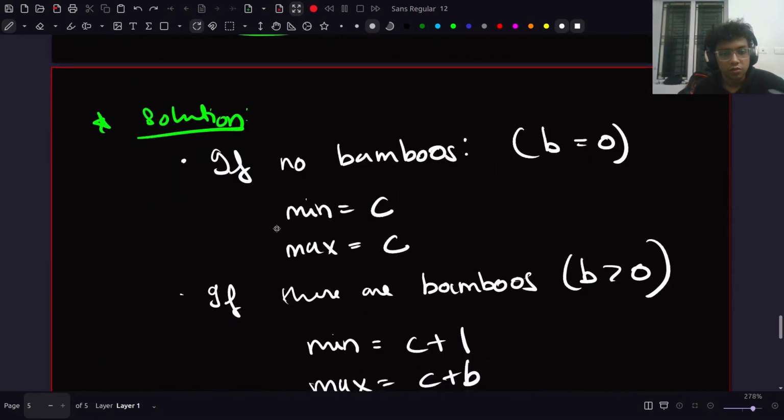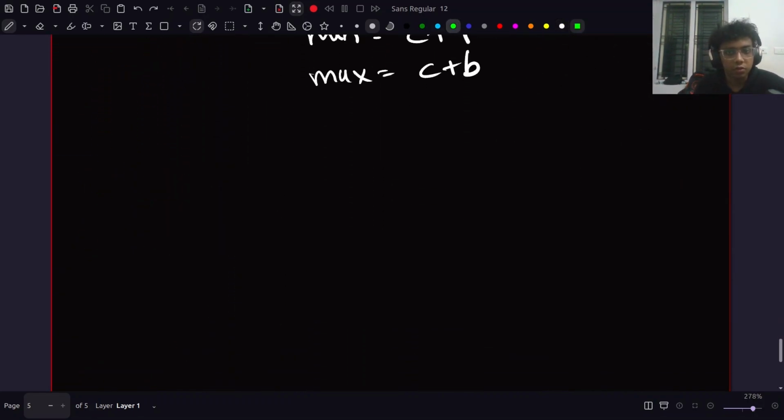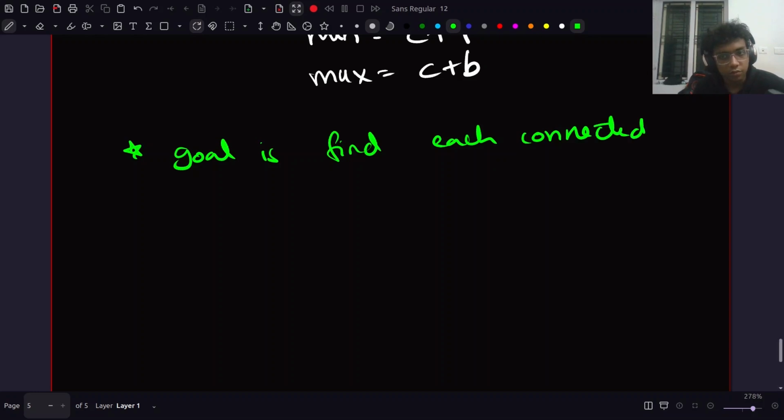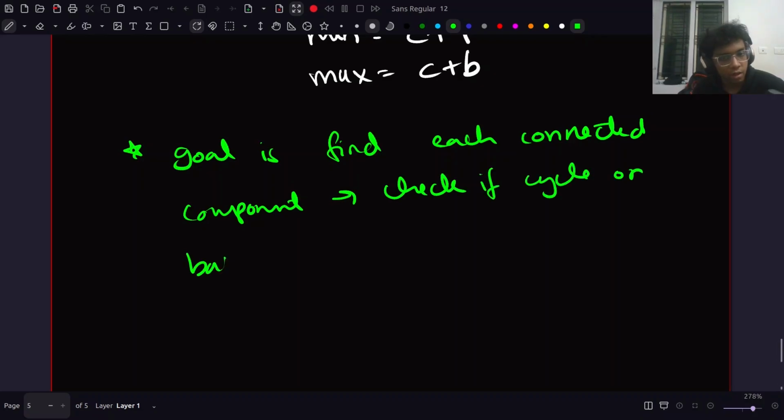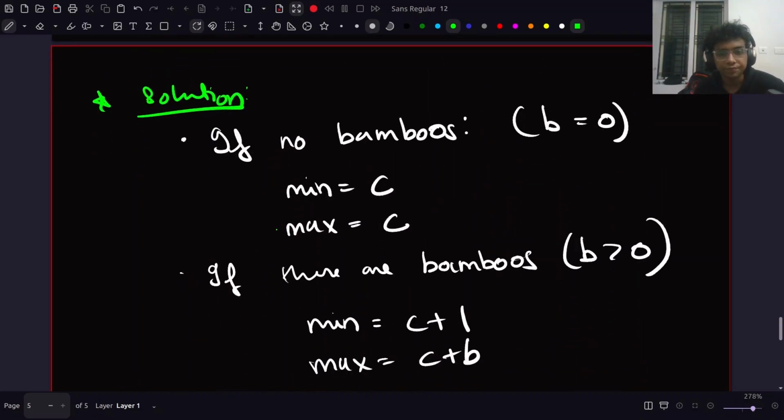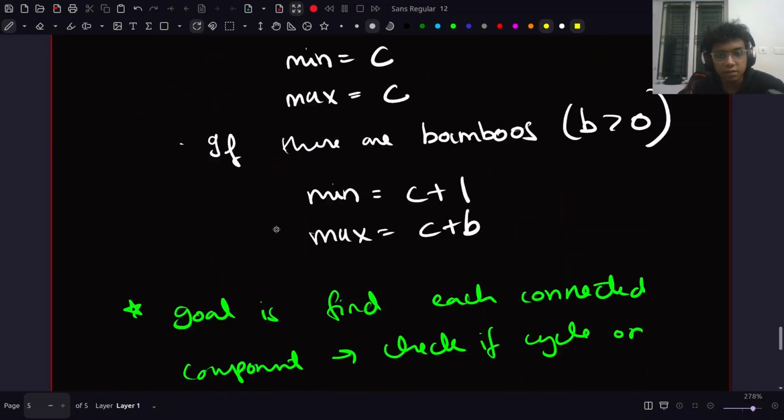Okay, so basically what is our goal? Our goal is to find each connected component, check if it is a cycle or bamboo, and increase C or B accordingly.